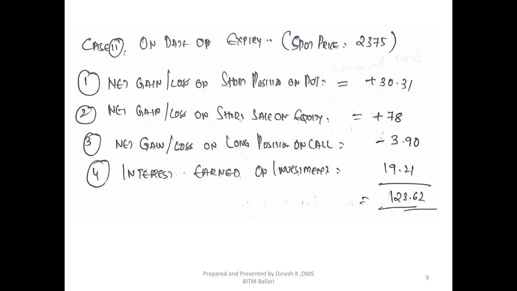When he does, I'll be making a loss of 25 rupees because the current market price is 2375 and I had to buy at 2400, right? Since I already received the premium, minus 25 loss, the gain would still be 30.31.